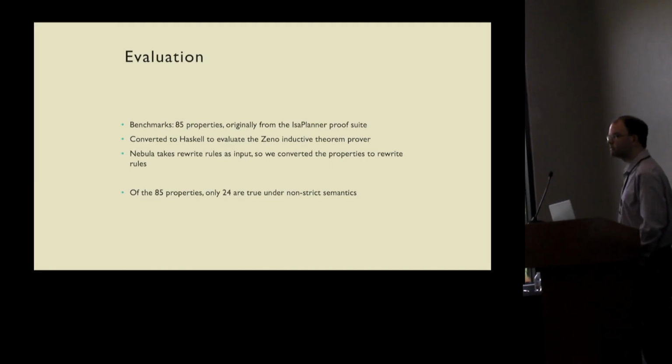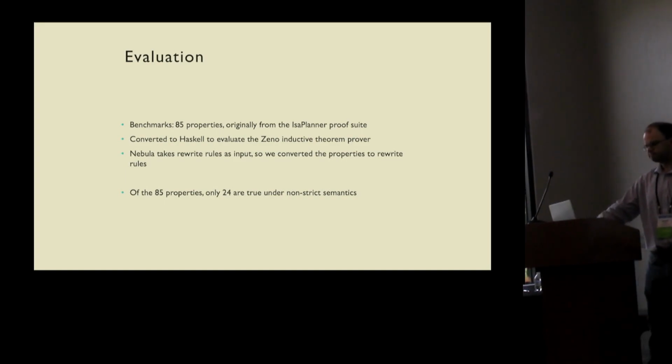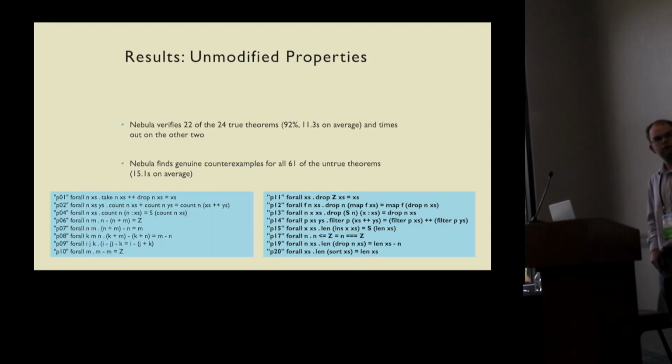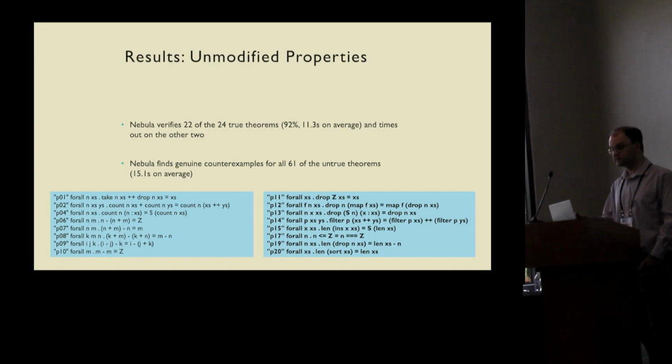To evaluate this, we looked at 85 benchmarks, which were originally used on inductive theorem provers. Of these 85 benchmarks, 24 are true under non-strict semantics. We're able to verify 22 of the 24 true theorems. We time out on the other 2 after 3 minutes.